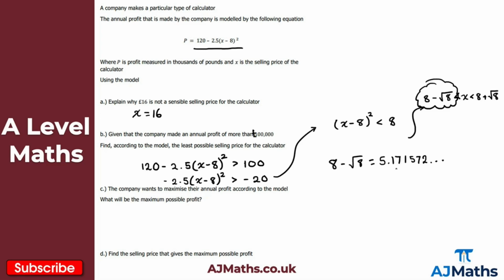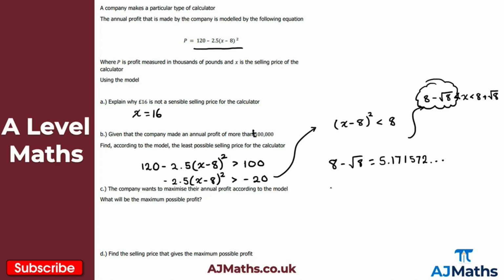But we've got to be slightly careful, because if I round this to 5.17, then this is actually below this value. So we need to round up to 5.18. If I round this to 5.17, this inequality does not hold, and as a result, we wouldn't have a profit of more than 100,000. It would be just short, something like 99,500, but it will be short.